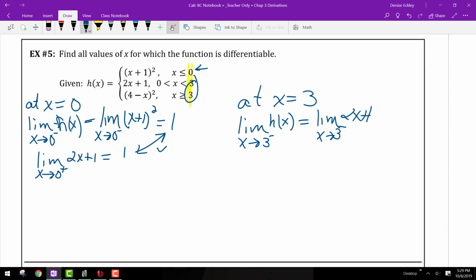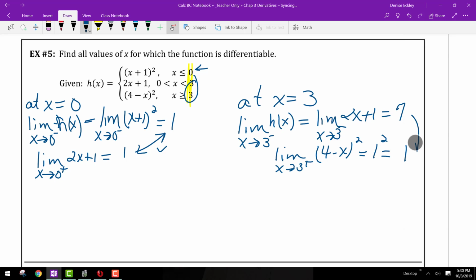And when we substitute 3 in, we get 7. And when we do the limit as x approaches 3 from the right, we're going to use 4 minus x squared. So we're going to substitute 3 again. We get 1 squared, which equals 1. So these two are not equal.